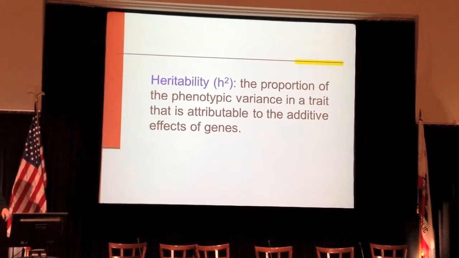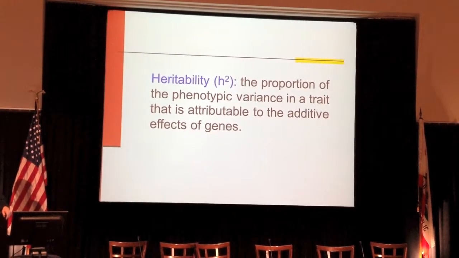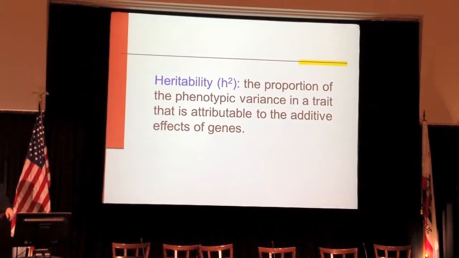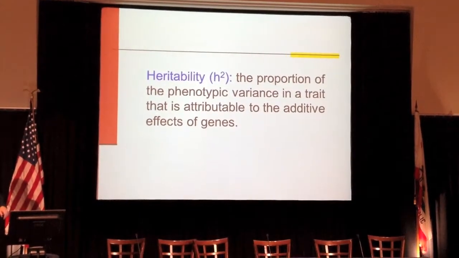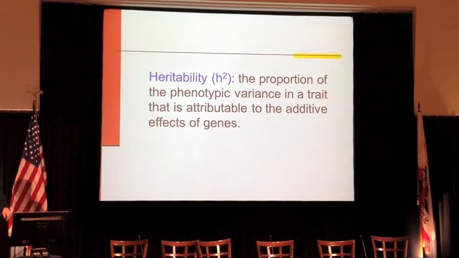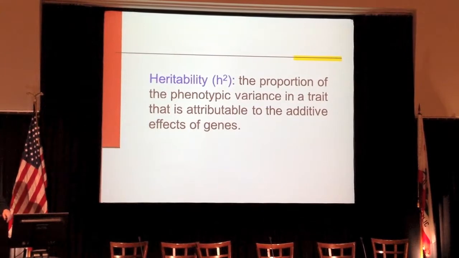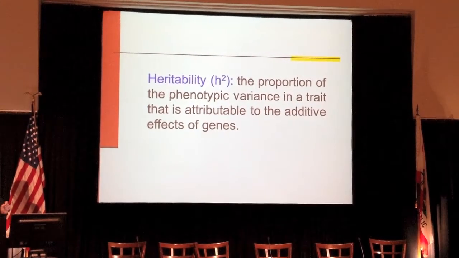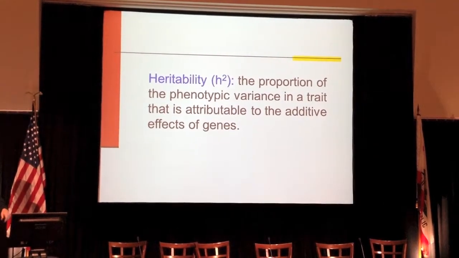In this definition, we actually use narrow sense heritability, where we're only using the additive effects of the gene. So it's only the additive genetic effect that we account for in heritability. It's kind of strange. Anytime you see heritability in a paper, that's narrow sense heritability. Anytime somebody talks about broad sense heritability, they have to say it's broad sense heritability rather than just heritability.